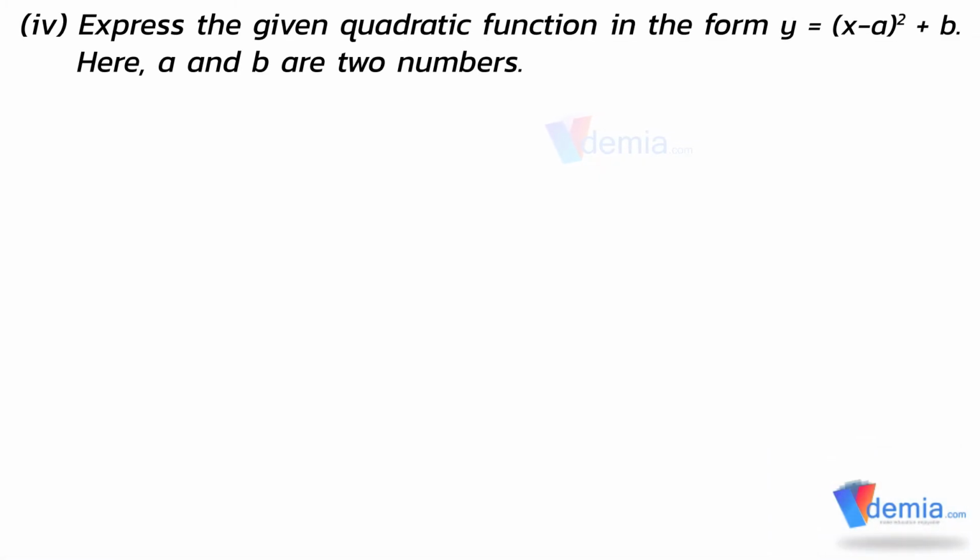Express the quadratic function in the form y equals x minus a all to the power 2 plus b. Here a and b are two numbers. The quadratic equation given is y equals x squared minus 2x, and we are asked to give this in the form y equals x minus a all to the power 2 plus b. So it's quite a challenging question. Let's do this.